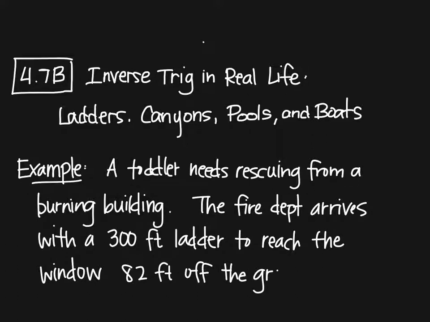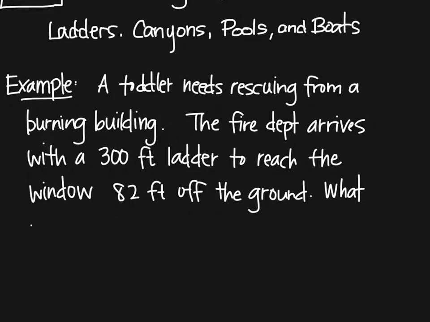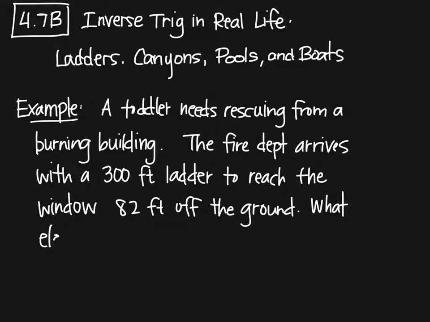These ladders are not just a ladder someone runs up with. It's one of those on a truck, it's electronic, and you have to program the truck to put the ladder at the right angle. So what elevation angle should they program the ladder to be?